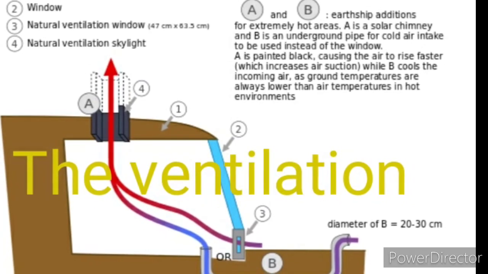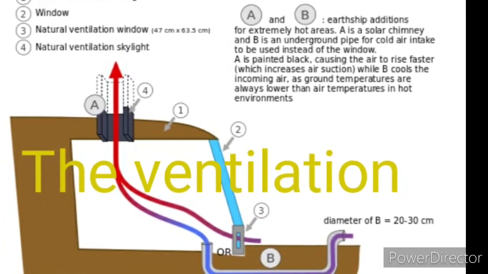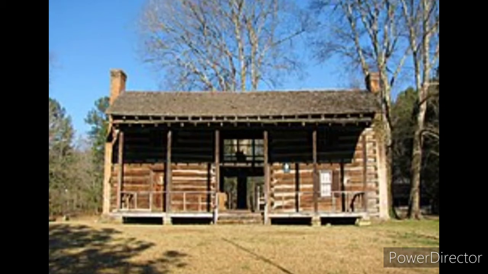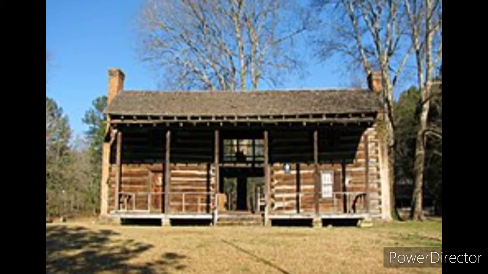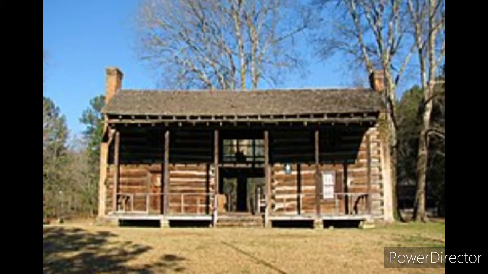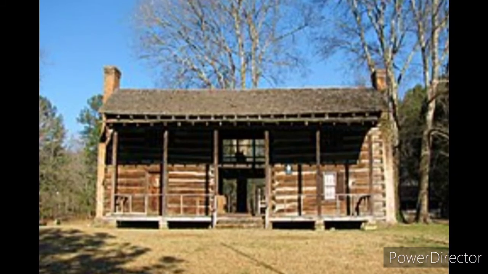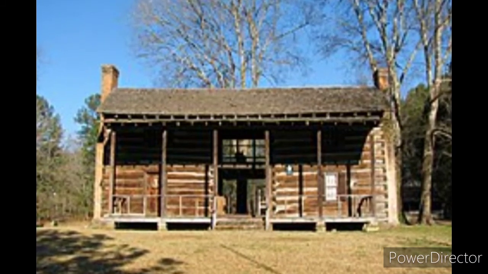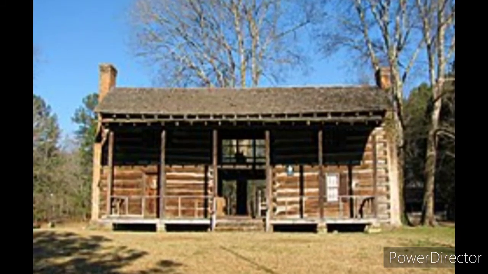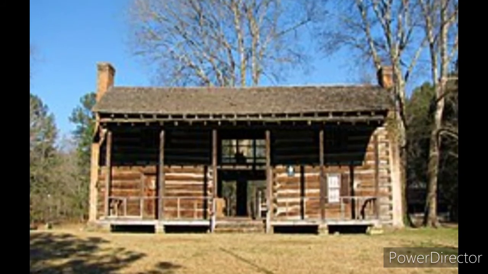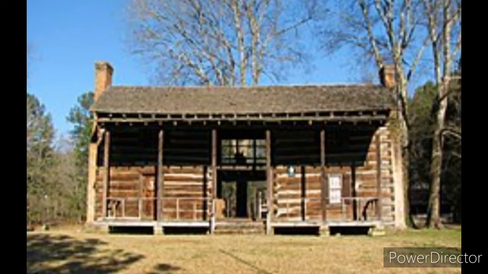The ventilation system of a regular earthship. Dog trot houses are designed to maximize natural ventilation, which refers to the flow of external air to an indoor space as a result of pressure differences arising from natural forces.